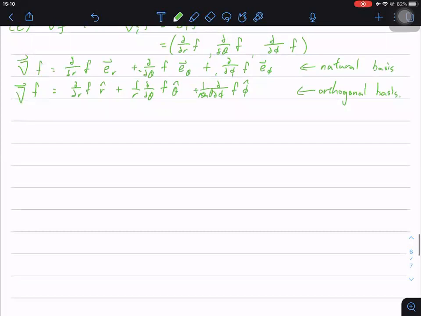let's consider a vector v. If I write it in vector form, it's just the component itself multiplied by the unit vector, or the basis vector, and summing over all the basis vectors. And in the natural basis, what is the length of the basis vector?